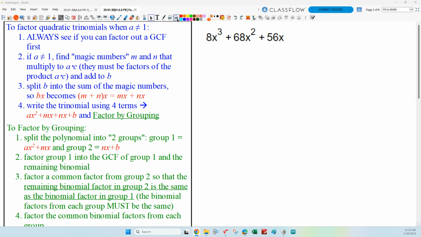Okay, what is a GCF? Four x, yeah, good. 4x, good. Okay, so we'll take out a 4x, and then we're left with what?